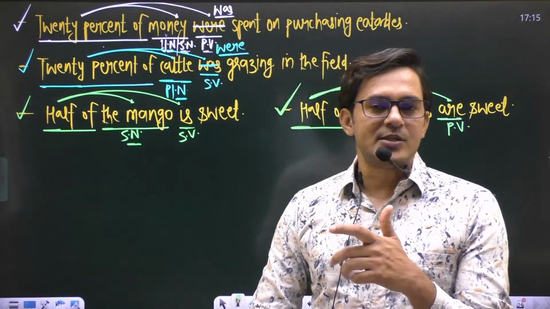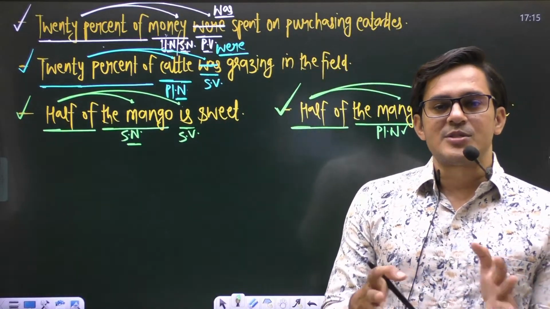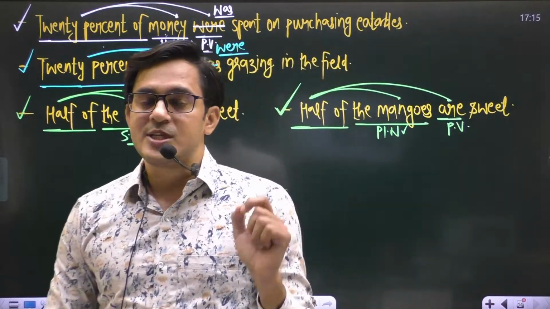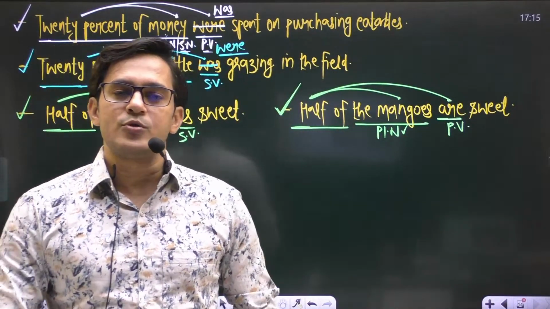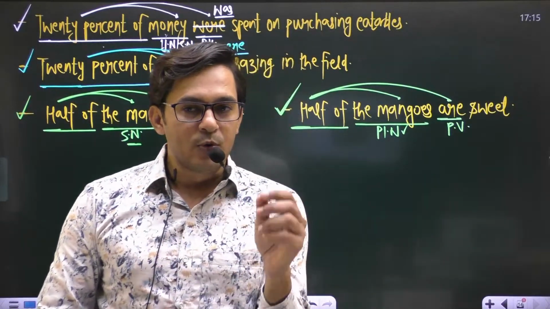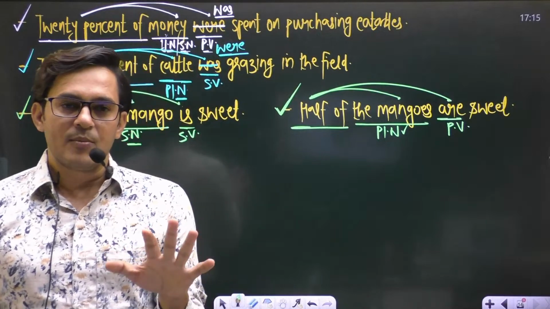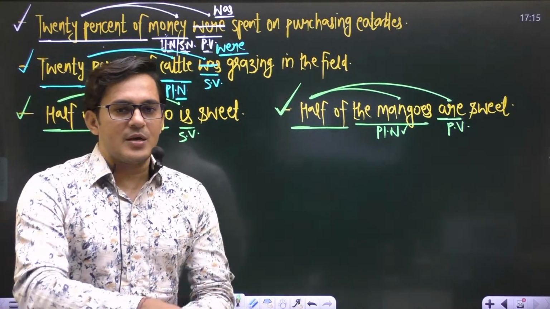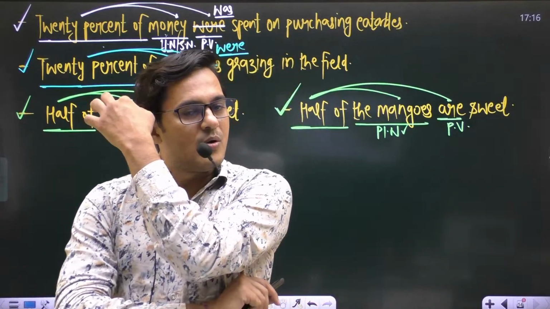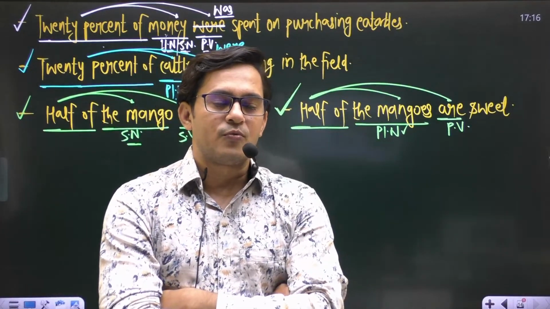Any percentage value can be there. If these words are followed by a singular or uncountable noun, the verb will be singular. And if these words are followed by a plural noun, the verb will also be plural, right? So if there is a particular animal name mentioned, then "were" or "was" is used.